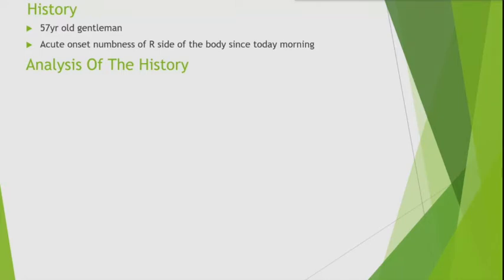Anything else you want to ask in this patient? Root pain. Very good. Can you tell one sentence about root pain? Shooting type of pain, starting from near the vertebral column, along the root distribution.